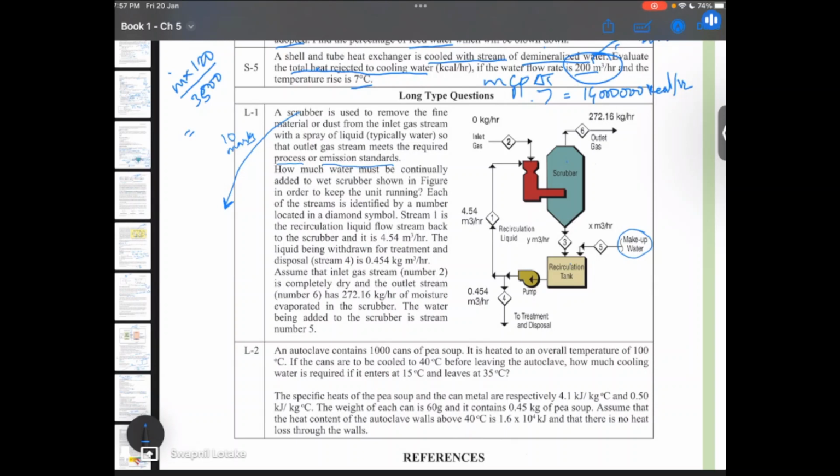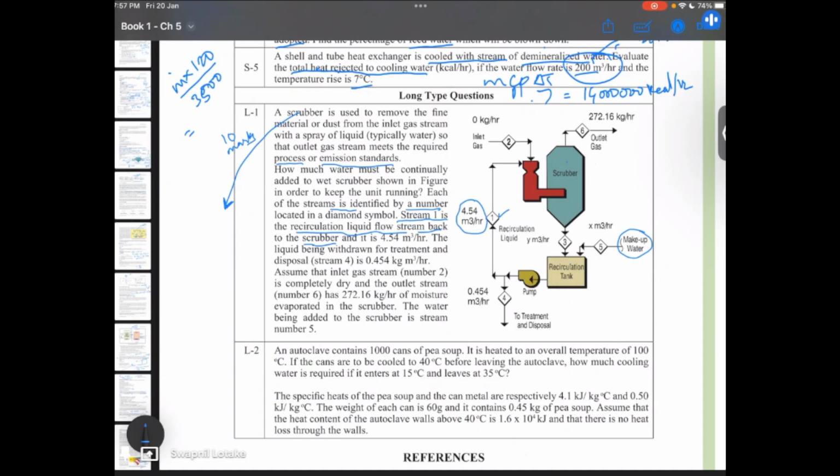So let's see what is given. Each stream is identified by a number. Stream 1 is the recirculation liquid flow stream back to the scrubber. So this is your stream 1, and this will go to your scrubber. It is given as 4.54 meter cube per hour. So this is water.